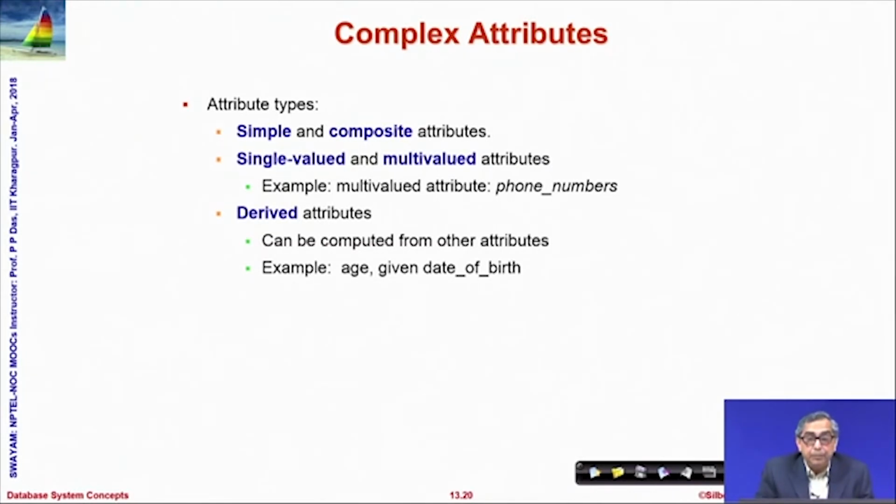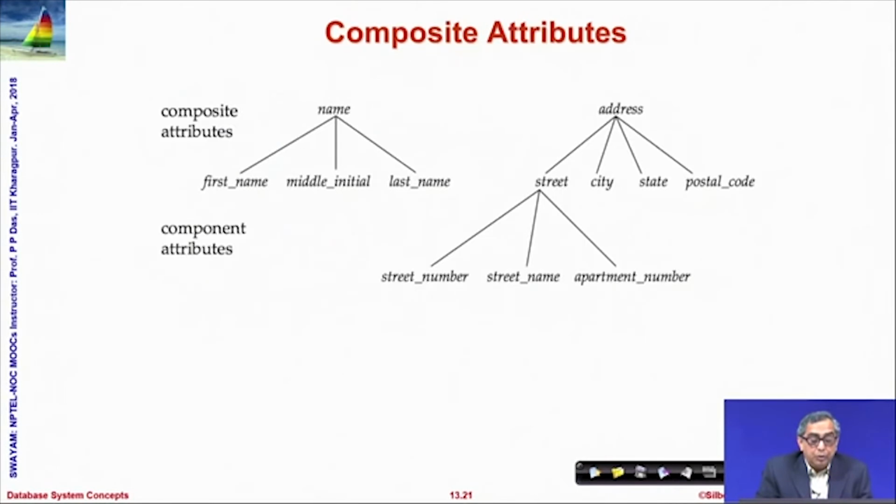One is they could be simple or composite. A simple attribute is just one single domain value, like a salary number, like an ID, like a name string and so on, whereas a composite attribute may comprise multiple parts. So, consider this a composite attribute.